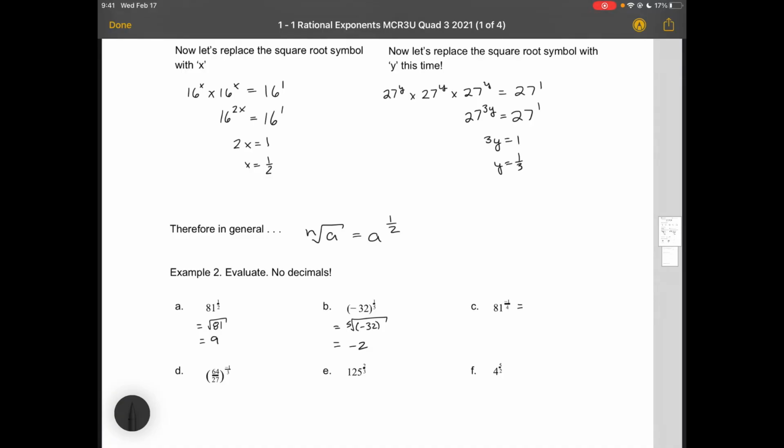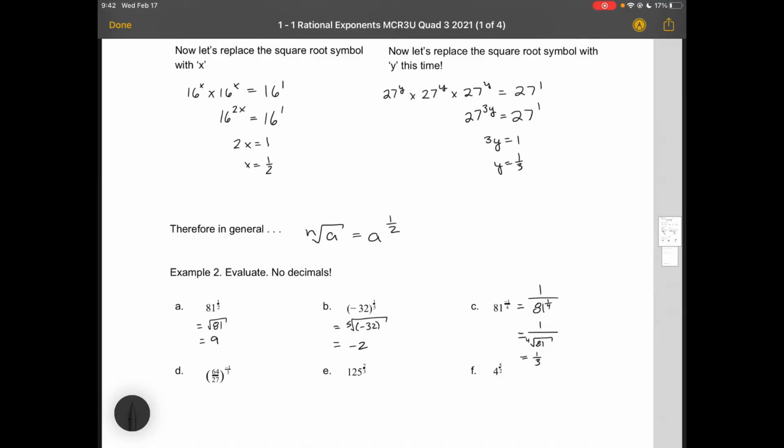So the first thing that I want to do is rewrite it as a positive exponent. 81 to the 1 over 4 as a denominator. Now I'm going to rewrite my rational exponent as a radical. And that's something that I can solve. That's 3. So 81 to the negative 1/4 is equal to 1/3.